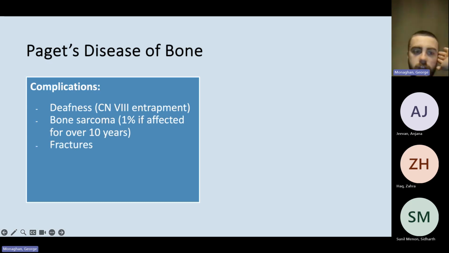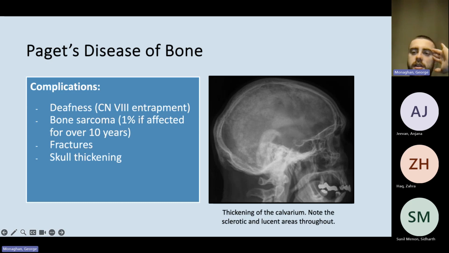Also bone sarcoma, and fractures because of the decreased density, the decreased quality of the bone. On an X-ray, we'll see thickened skull, thickened bone, and also some sclerotic areas. And if a biopsy was taken, the buzzword to be aware of is a mosaic pattern of lamellar bone. That's what you'd see on biopsy.